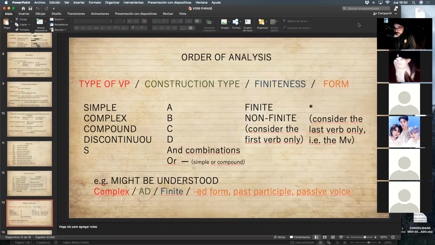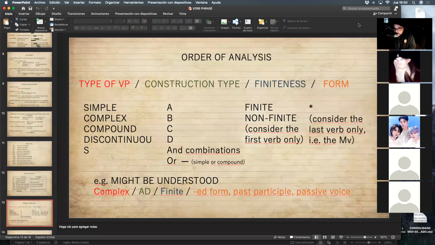Then you need to add the letters, the construction type, the letter or the combination of letters. Then you need to add the finiteness. It can be finite or it can be non-finite. Finally, you're going to add all the possible information about the main verb, right? So in the example, might be understood.